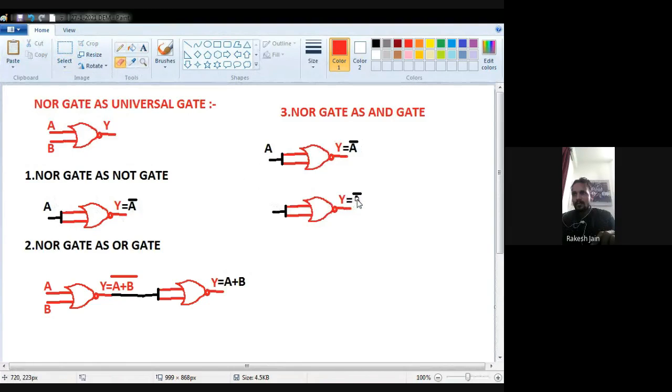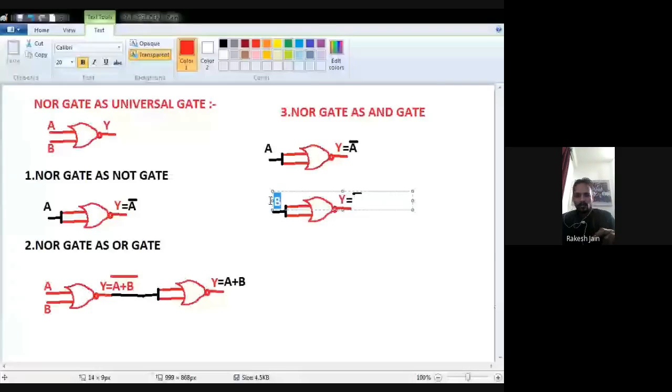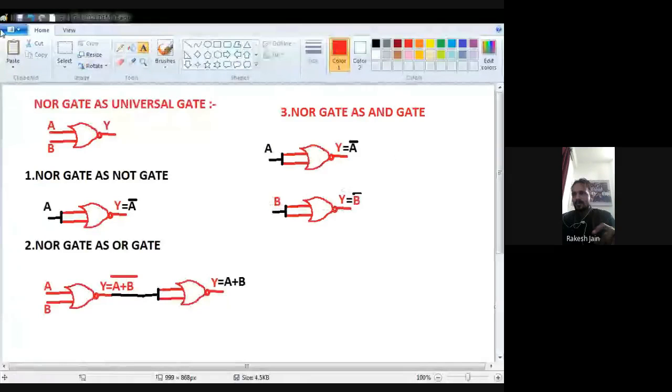Here the input is B instead of A. Now connect these two with one more simple NOR gate, in which one input will be A bar and the second input will be B bar, because these lines are directly connected to it.